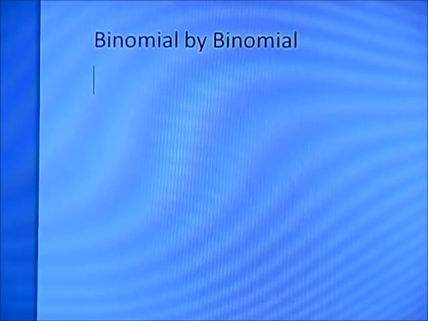Okay, there's actually two different ways to do this. Sorry about that, my computer's being a derp. So, multiplying binomials by binomials.